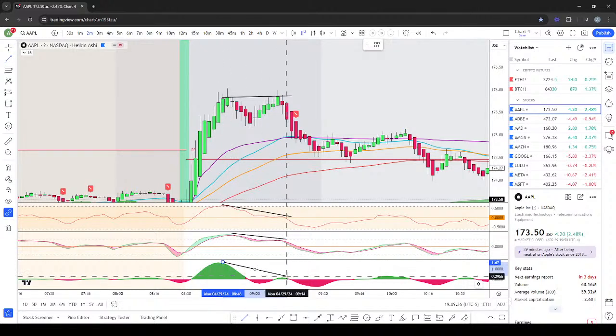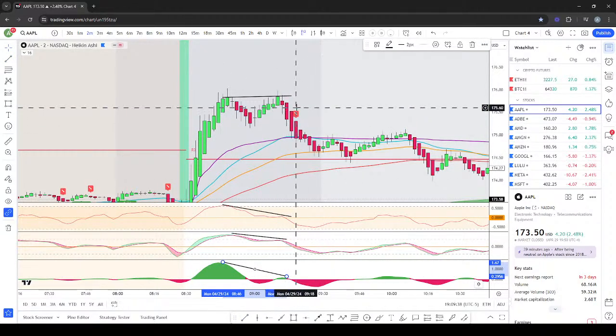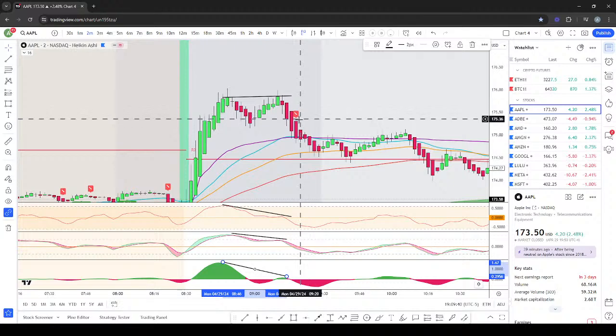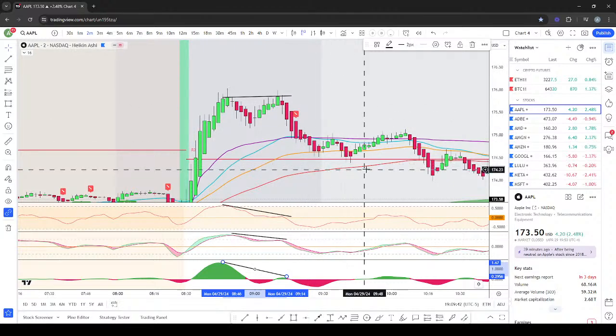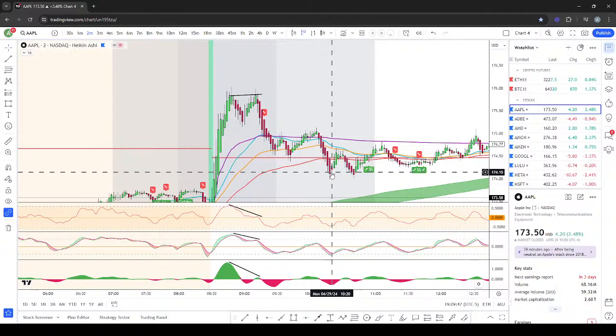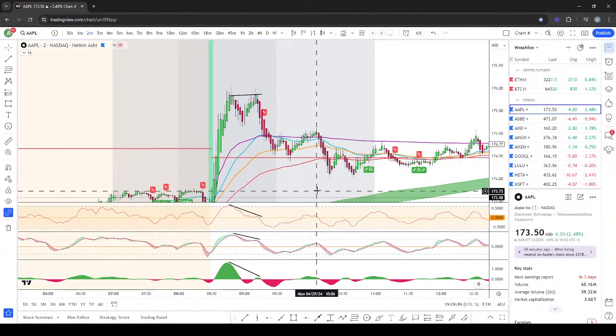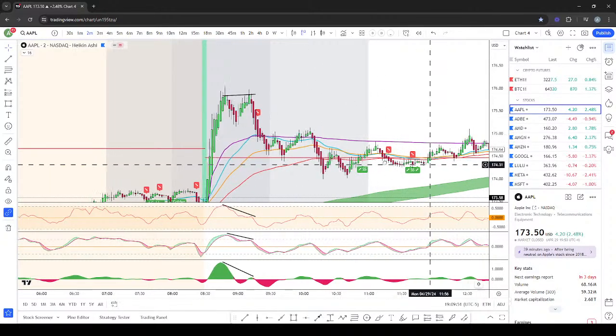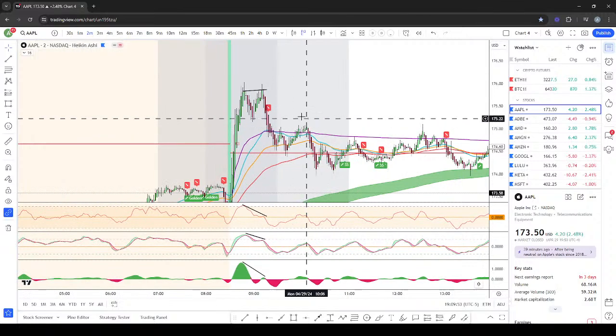So you do have a triple confirmation, and once again you just wait for the signal and get some points. This one just went a little sideways, but went further down before literally just going sideways here. So that's what's happening on Apple.